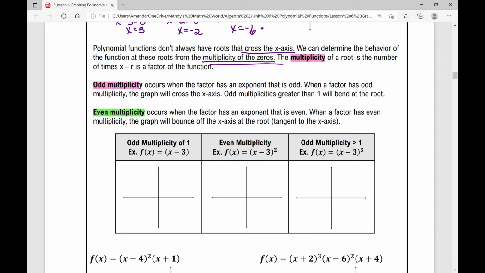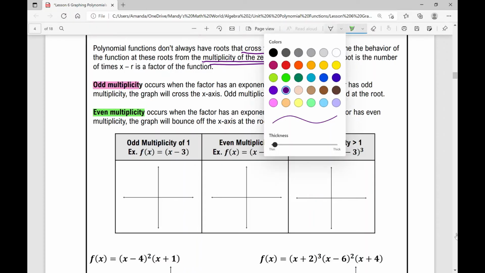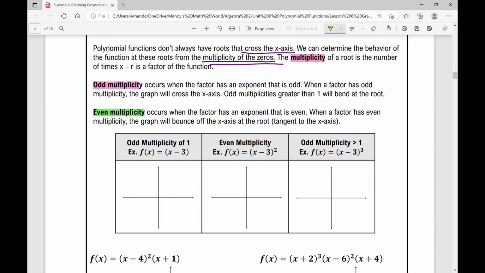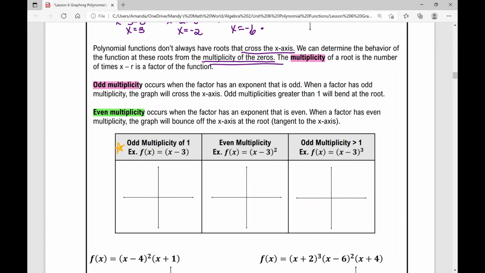So let's say when you've factored a function, or you've got it in factored form, and it looks like this, where f of x equals x minus 3. I would say odd multiplicity of 1 because the exponent on the outside of the factor, of those parentheses, is just 1, right? We don't see an exponent, so it's assumed to be 1.